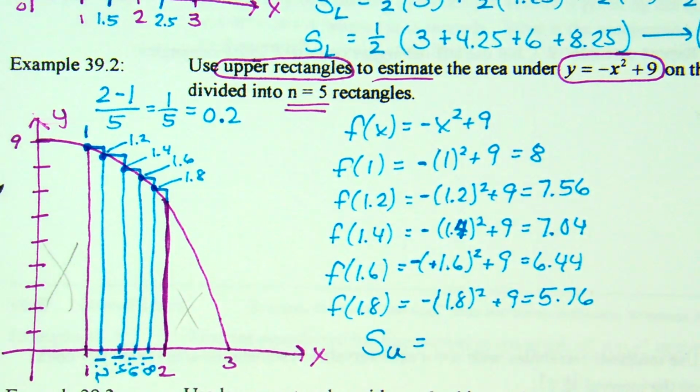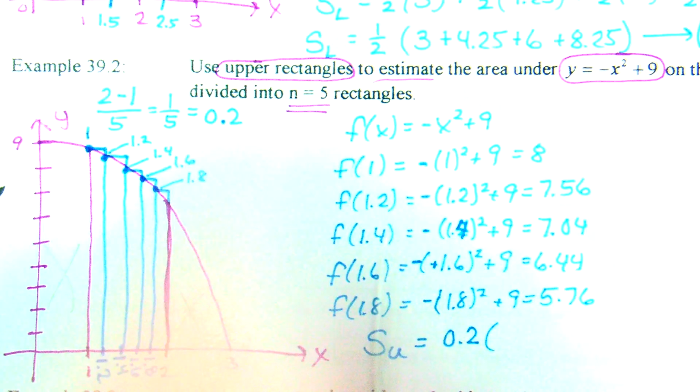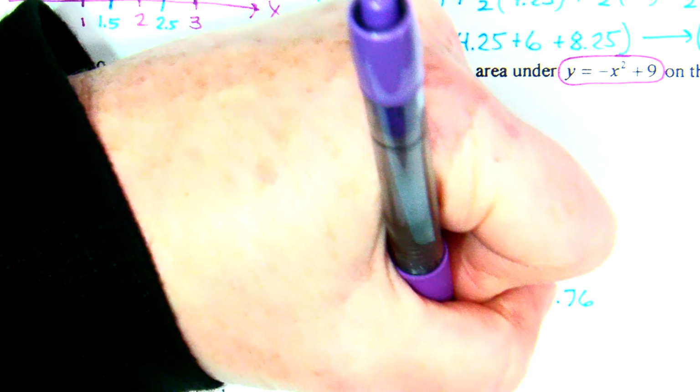Okay, I'm going to say S of U this time because it's the sum of the uppers. What is the sum, plugging into my calculator? Out front, what is my width? 0.2. So it's going to be the 0.2, which is my width of all the rectangles, times, what do I do inside the parentheses?